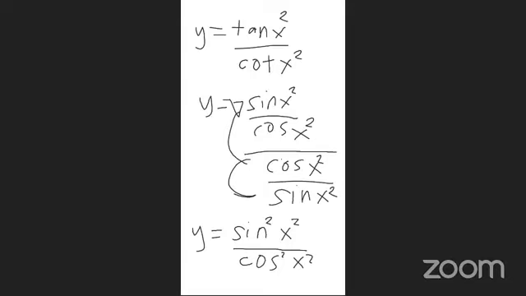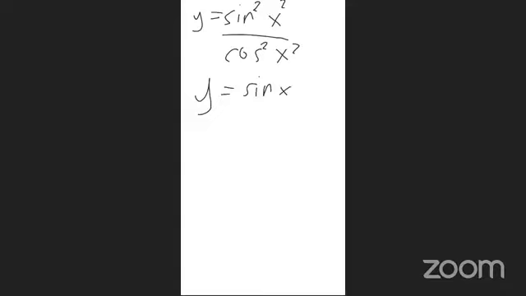So kani siya, so muna na to sa whiteboard. Sin squared x squared over cos squared x squared. Pwede mo na to siya nasa y is equals to sin x squared over cos x squared.